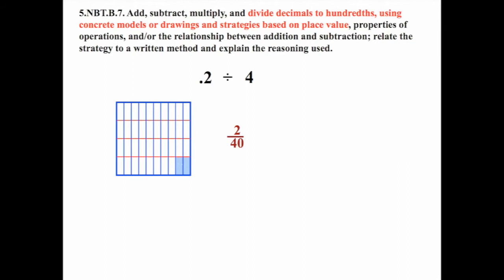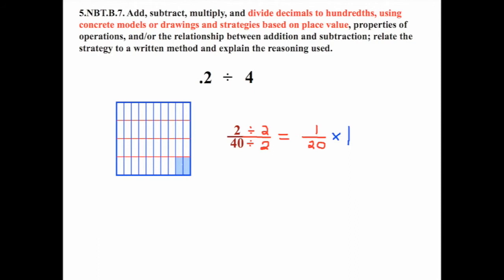Now let's look at this a little more algebraically and not be dependent on the physical model. We ended up with 2/40ths. If we were to divide that by 1, nothing would change, but now we need to be a little creative and change the 1 to dividing by 2 over 2. So 2 divided by 2 is 1, and 40 divided by 2 is 20, so we get 1/20th. We simplified the 2 over 40, but 1 over 20 still doesn't help us as far as what to do in terms of a decimal.